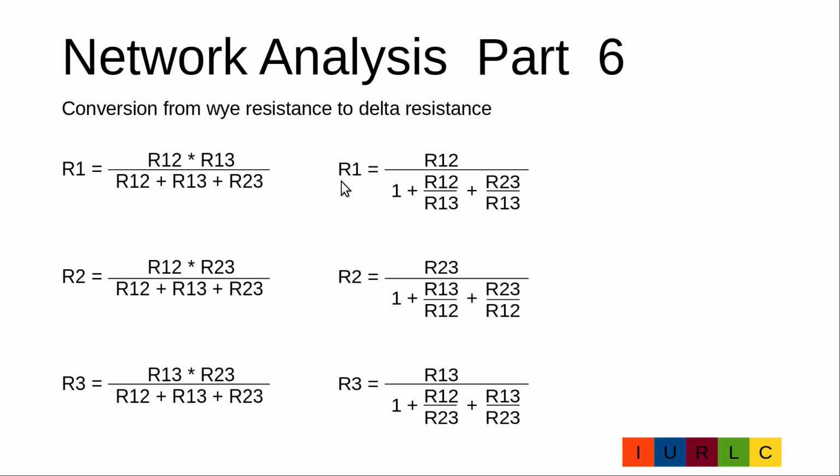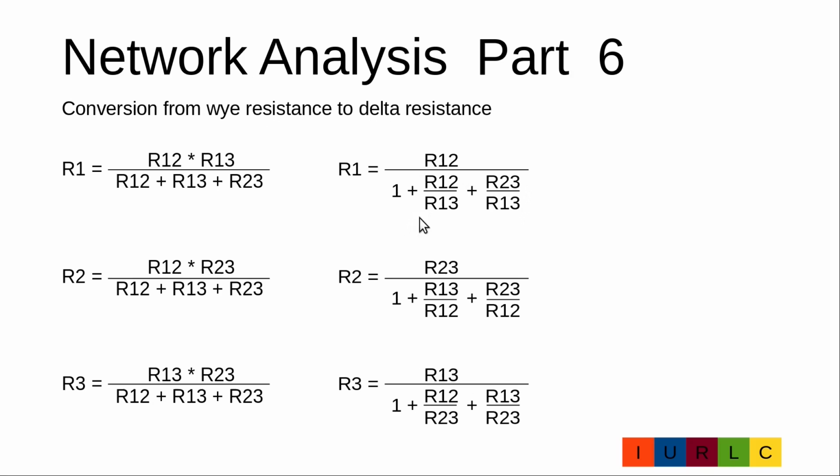Now we go back to this formula and divide the numerator and the denominator by R13, and we will get R1 is R12 divided by 1 plus R12 divided by R13 plus R23 divided by R13.